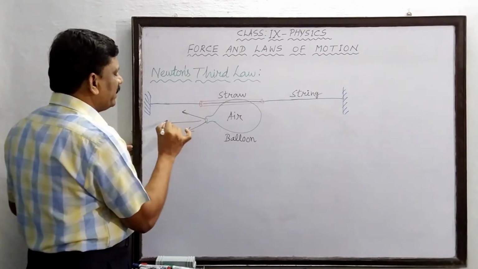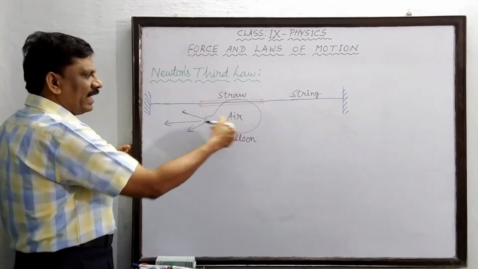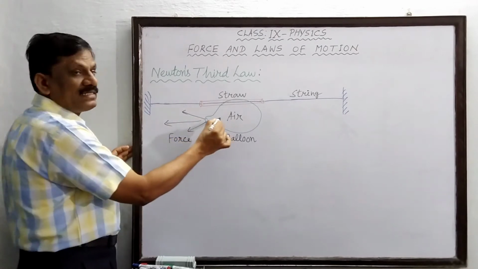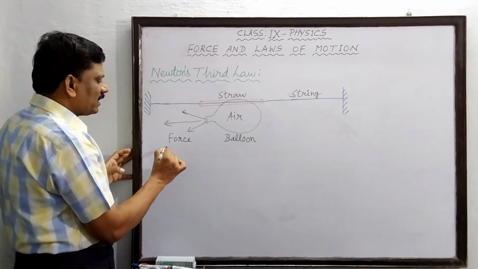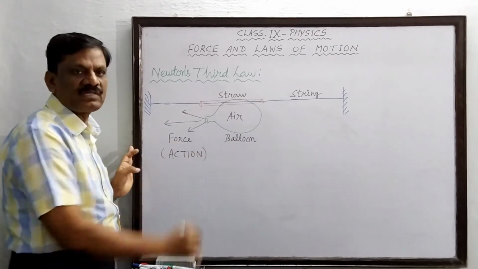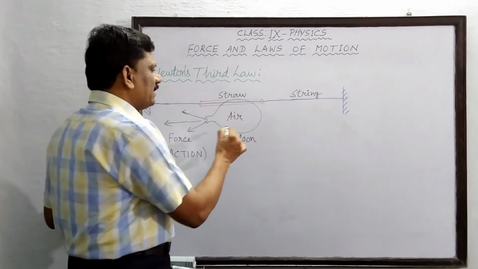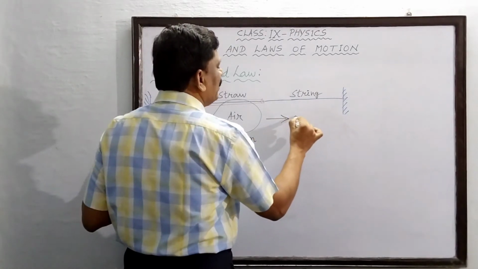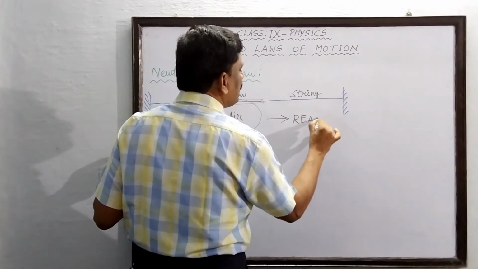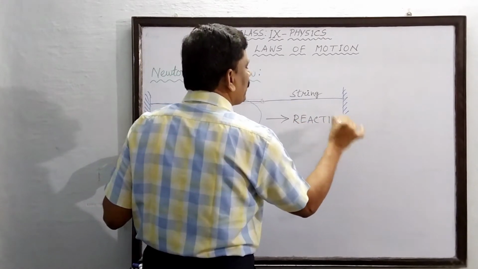In the backward direction the air is coming out with a force. This backward force exerted by the air is called the action force. With the same force the balloon is moving in the reverse direction. This force is called the reaction force.